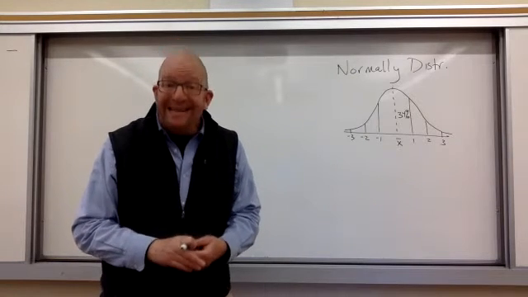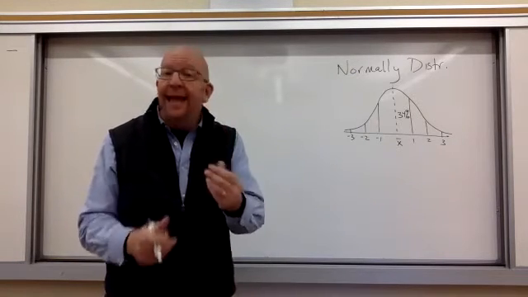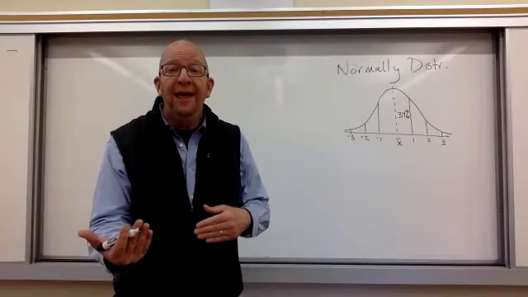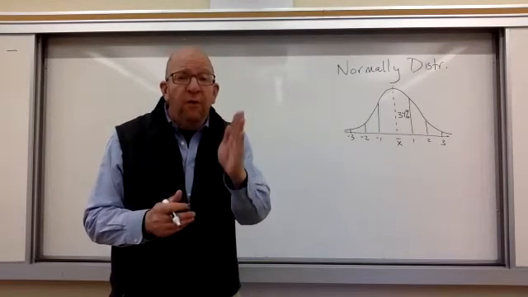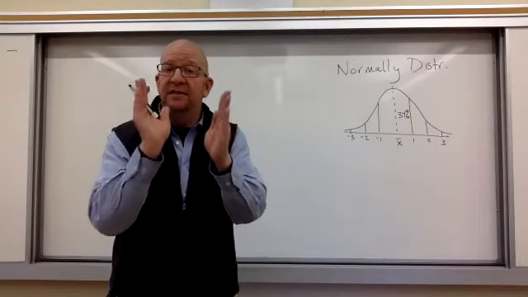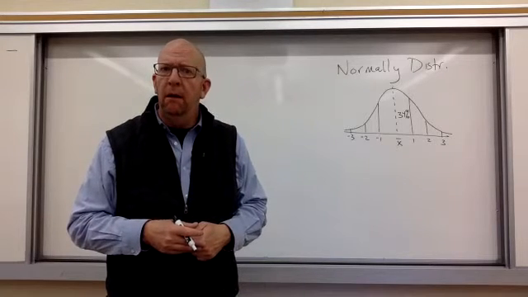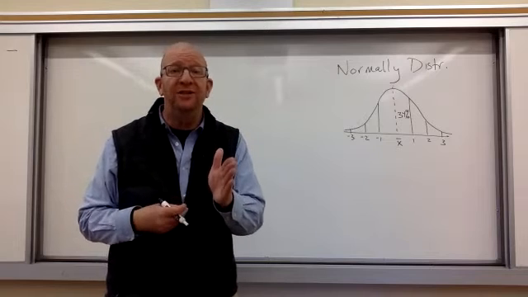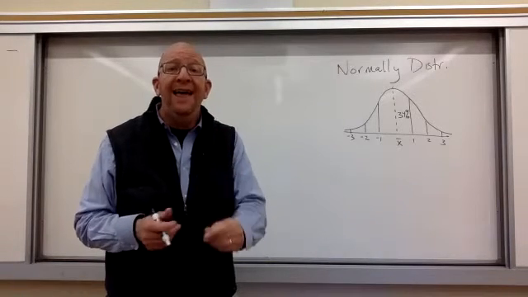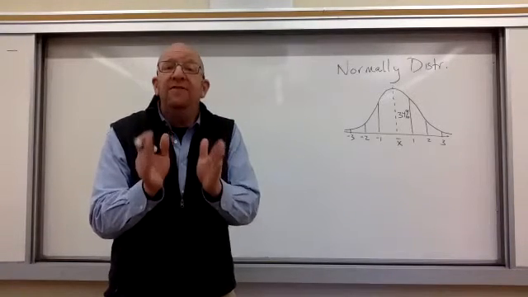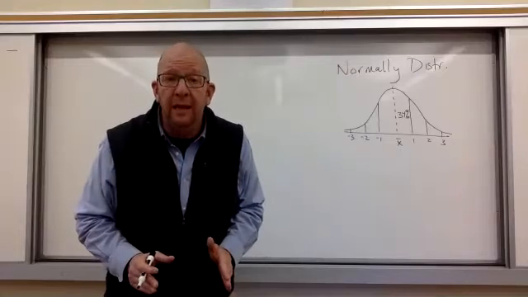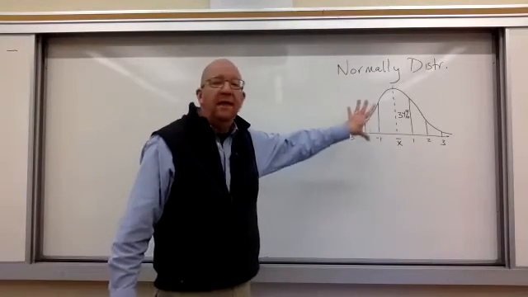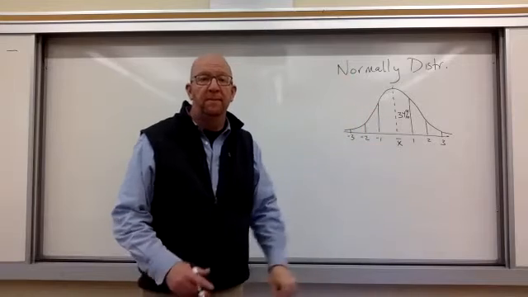Really? Yes. If the SAT has a mean of 1,000 and a standard deviation of 100, that means 34% of the scores are between 1,000 and 1,100. Oh, if Russell Wilson averages 2 touchdown passes with a standard deviation of 1, that means 34% of his games are between 2 and 3. The same 34%. That's the beauty of the normal distribution.